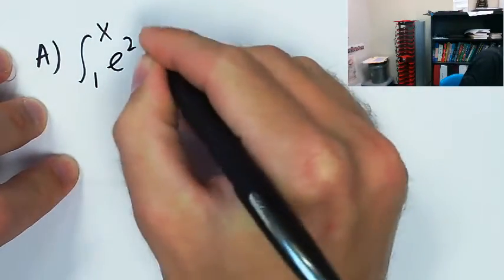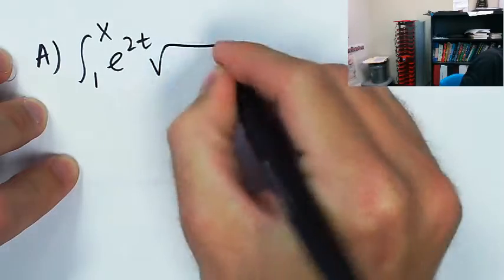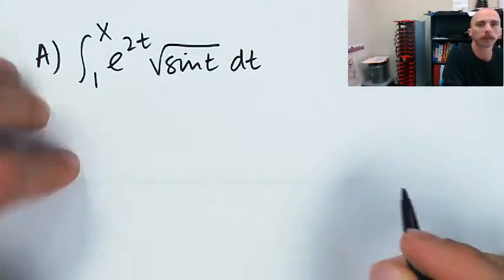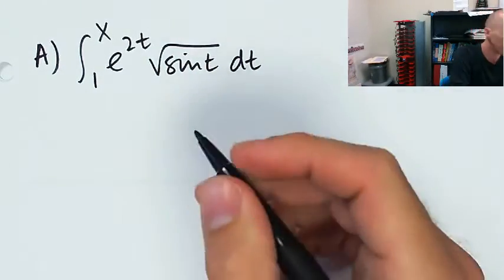Okay, integral 1 to x of e to the 2t square root of sine t dt. That does not look like something I'm going to want to take the second derivative of, but I'm the one that made the homework.